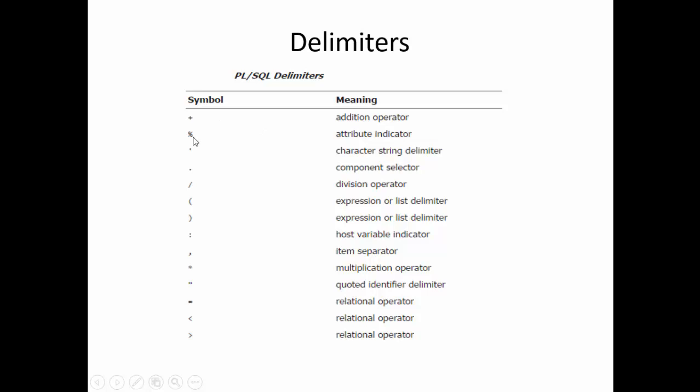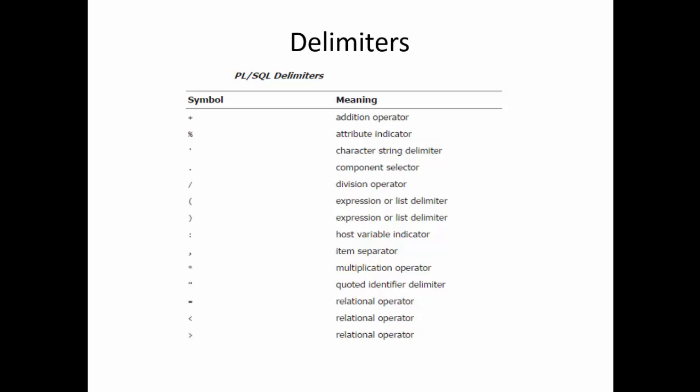Similarly, percentage is the attribute indicator, like in cursor attributes. This is the single quote, the character string delimiter. If I want to represent some strings, I put them in single quotes. Next we have the component selector. Component selector we will discuss when we take up the course.